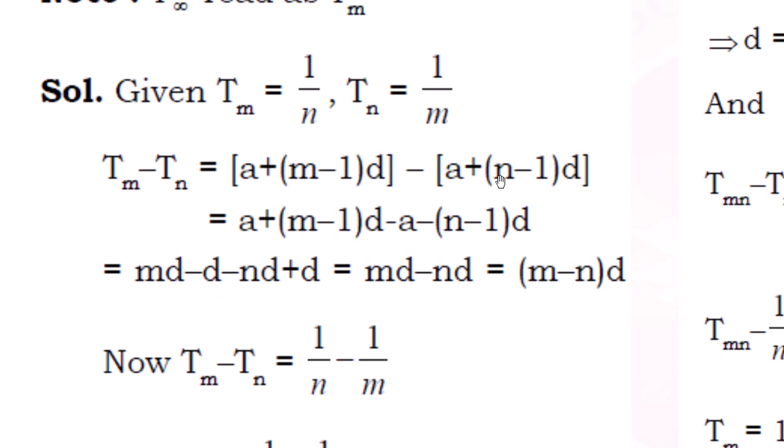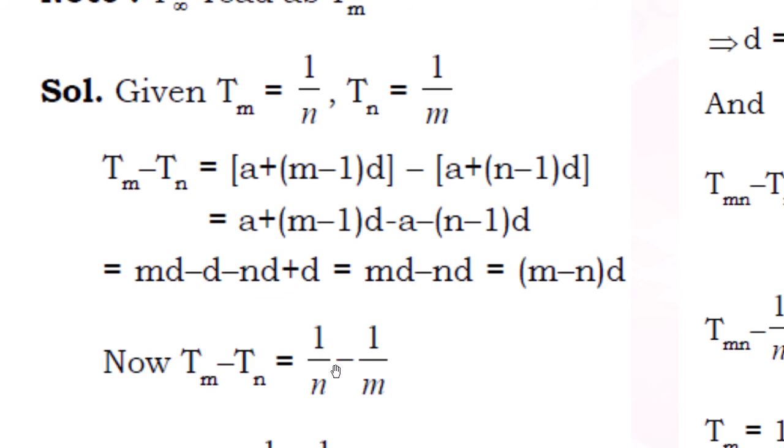Because of the minus, all the symbols will change: minus a, minus of n minus 1 into d. So a plus m into d, md, and a minus a gets cancelled. Then minus 1 into d, minus d, minus n into d, minus nd, and minus into minus plus 1 into d, d. Minus d plus d cancel, md minus nd. If you take d as common, m minus n into d will come.